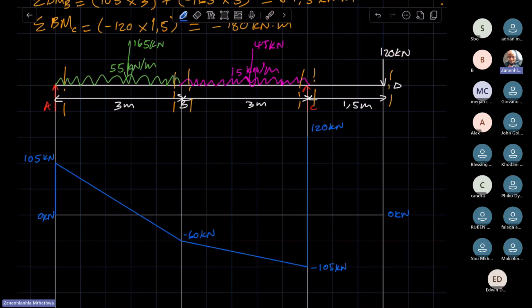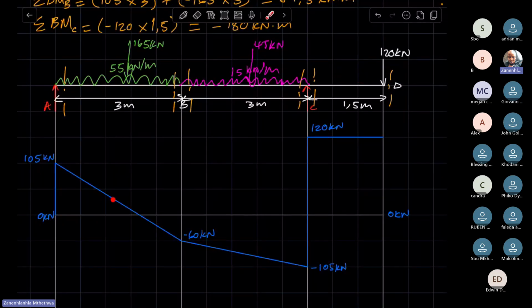Now, between these two critical points, there is no UDL in that span of the beam, and how you show that is by drawing a line going across. A line going across is an indication that there is no UDL in this span of the beam.